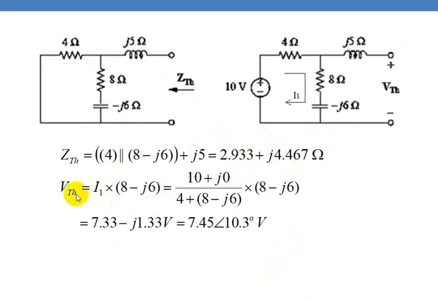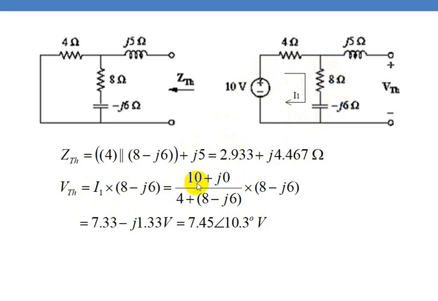Now find VTH. You take the circuit and assign current in this path as I1. So VTH I can write as I1 into (8 minus j6). The current I1 is the voltage divided by the total impedance, that is 4 plus (8 minus j6).